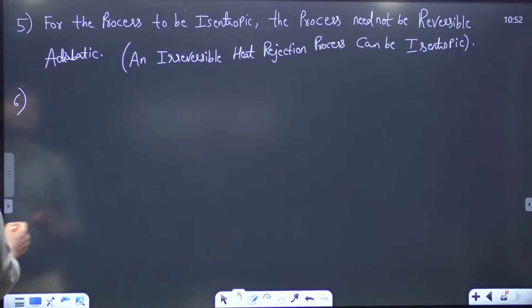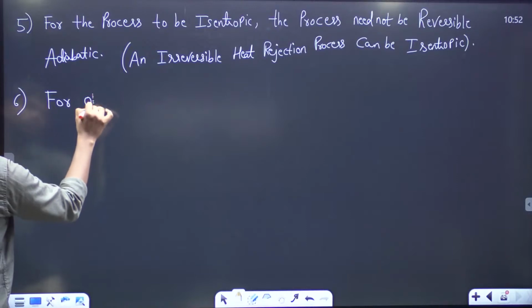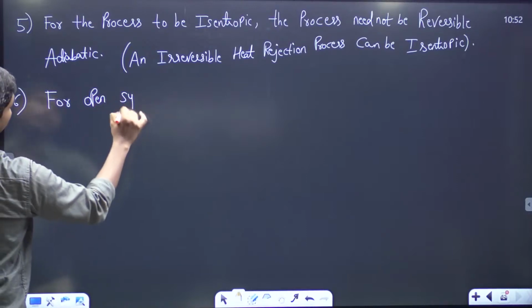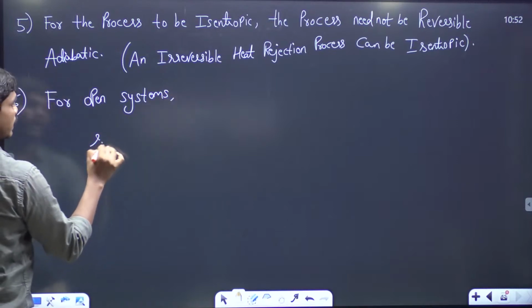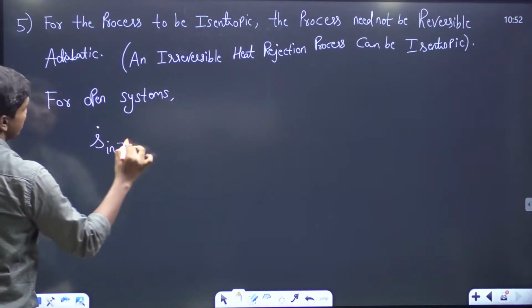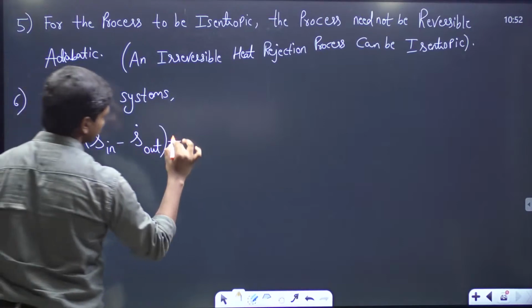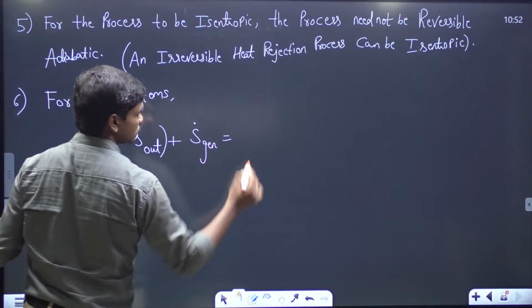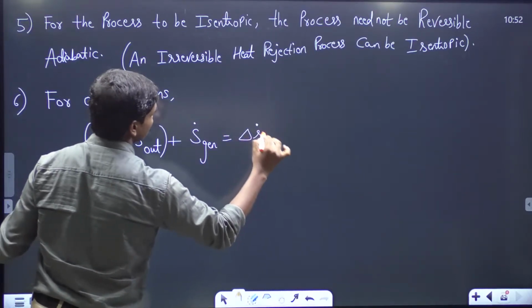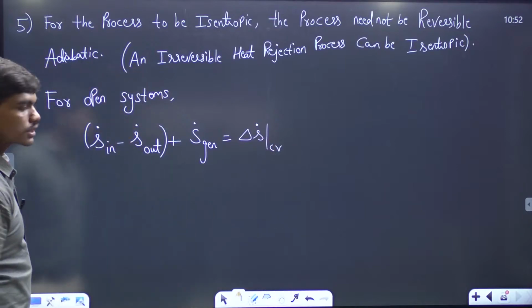Okay, so next we'll write one more equation for open systems. Entropy rate in minus entropy rate out plus entropy generation is equal to delta S dot of control volume. But of course, we are dealing only with steady state things.